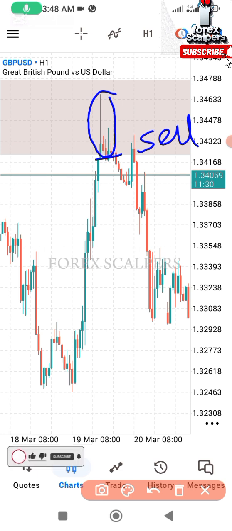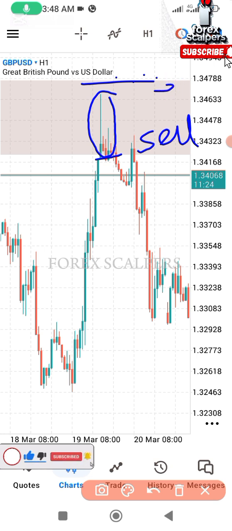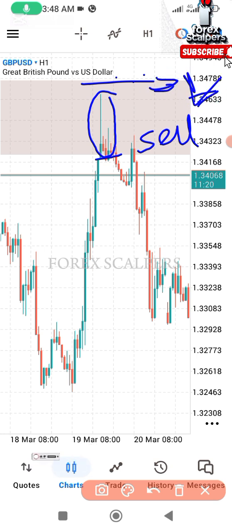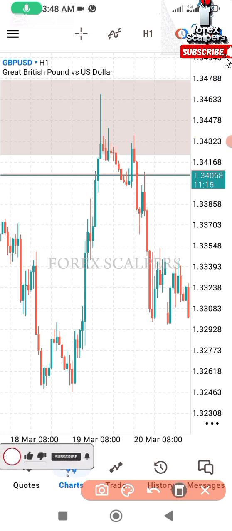Do you see that? Your stop loss, that is your stop loss. And now you can see how the trade plays out perfectly well.